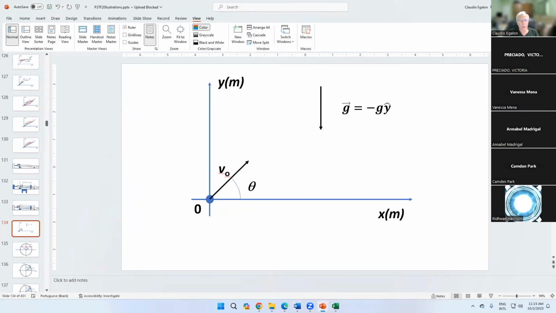You do not want to complicate the situation by putting this object in another place, okay? And it's not even necessary to do that because this axis here is like a portable axis. You can put it anywhere that you think is convenient.